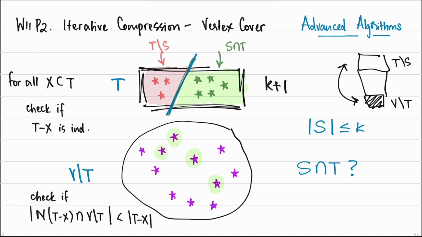The reason for that is that we've been completely comprehensive. Any vertex cover of size at most k, if it exists, must intersect with t somewhere in some fashion, even if it's just the empty set. But we've gone over all possibilities, right? And if none of them worked out, then we know that there is in fact no vertex cover of size at most k.